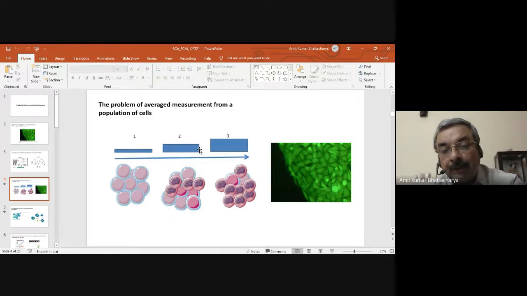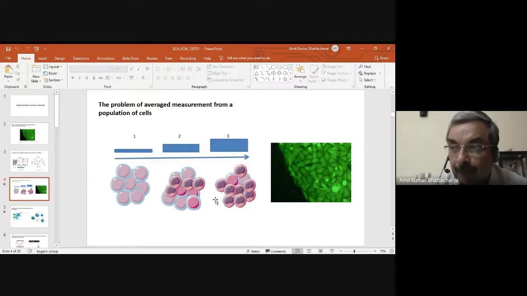You are not able to pick up these differences, that there are two populations of cells, one having more protein and the other having less protein. This would only have been possible if you were looking at one cell at a time, and then you would have found that there are actually two populations of cells which have two different protein amounts.